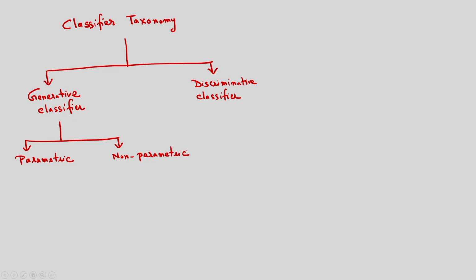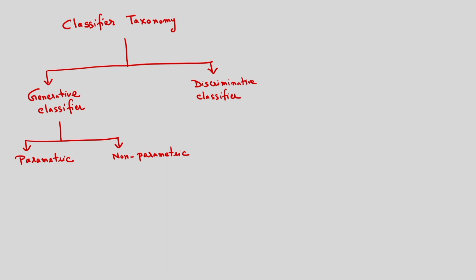In case of the parametric classifier, I know the class conditional density, that is the density form is known, but I do not know the values of the parameters. For example, I considered the Gaussian density. I have that information, but I do not know the values of the parameters for the Gaussian density, that is the mean vector and the covariance matrix. That I can determine from algorithms like the maximum likelihood estimation or the Bayesian estimation.